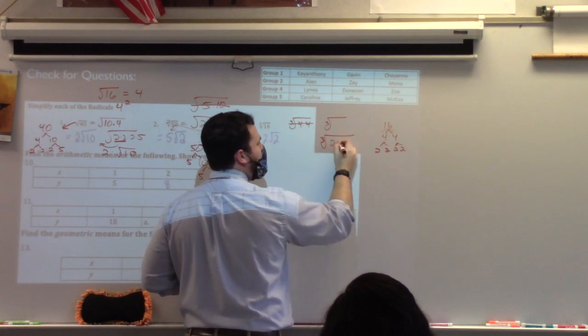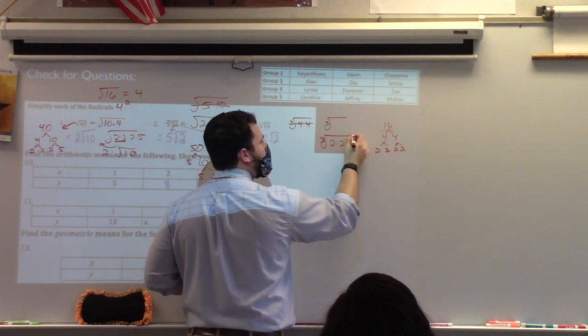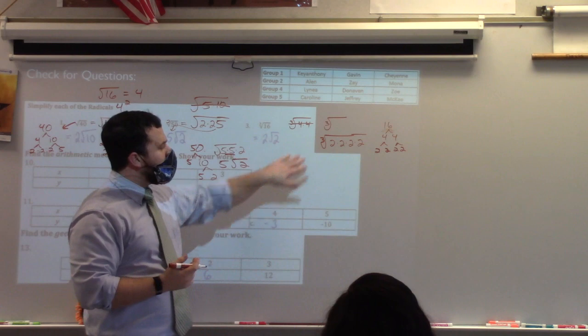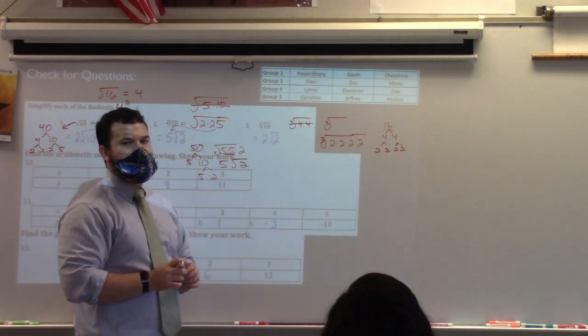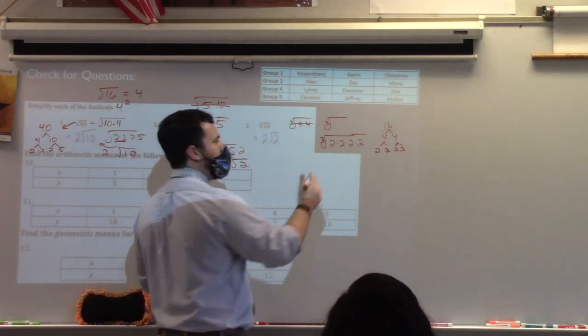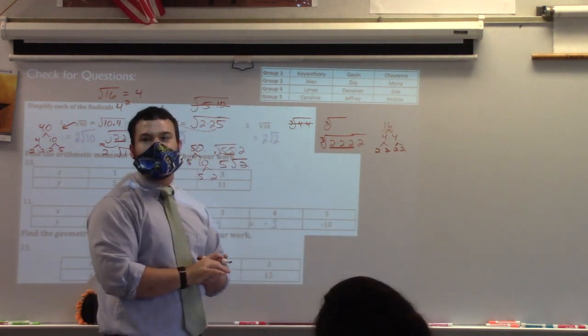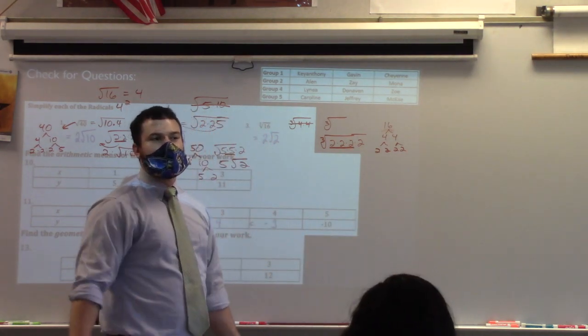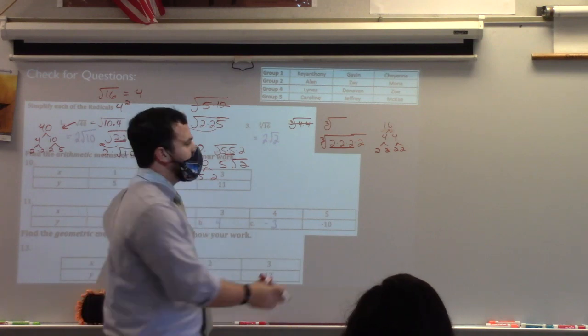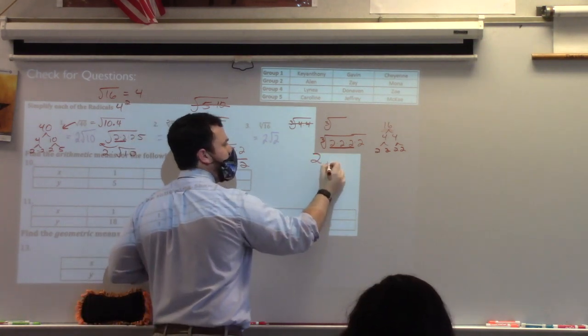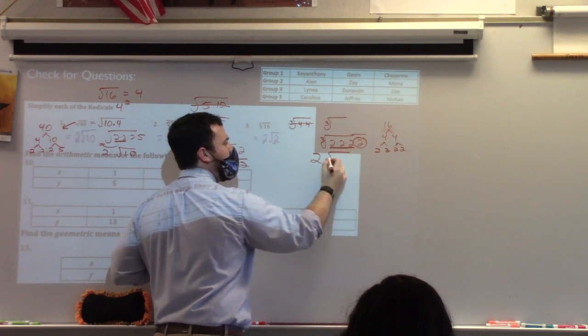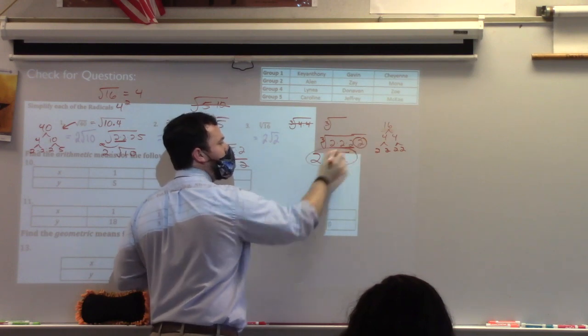Is there anything being multiplied by itself three times? There's three 2's right there, right? So what is the cube root of those three 2's being multiplied? 2. Now this 2 is still underneath the radical because I cannot take the cube root of it.